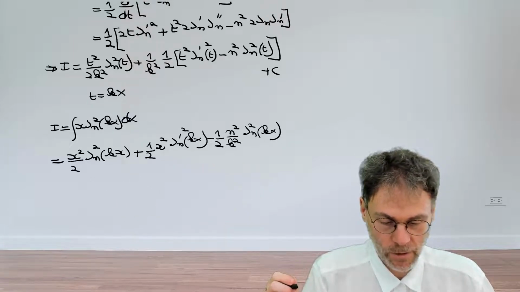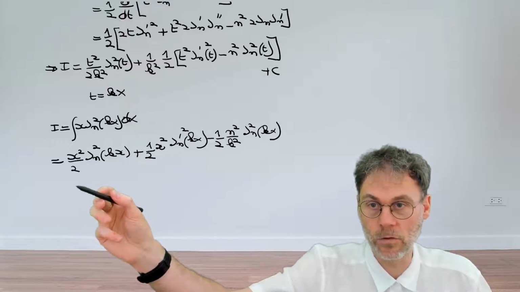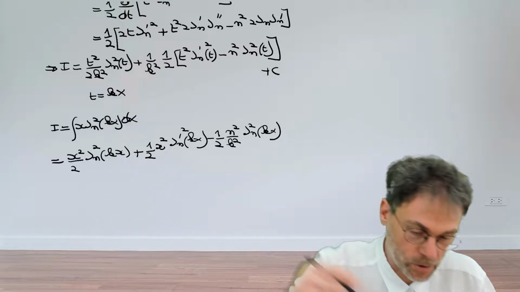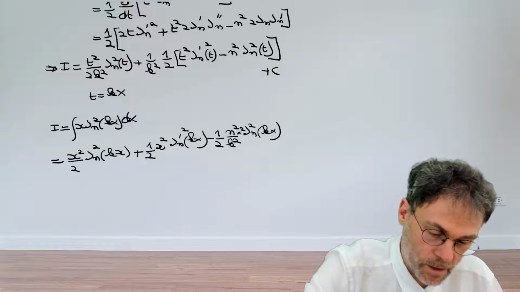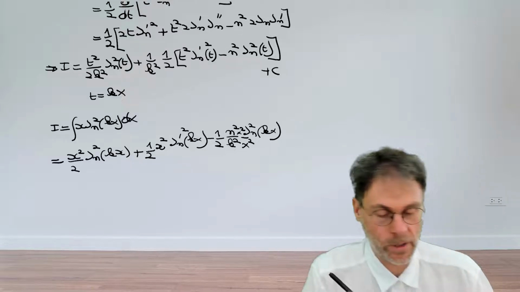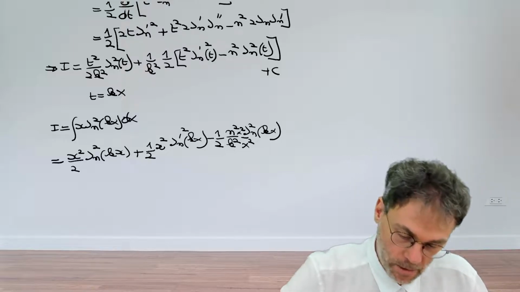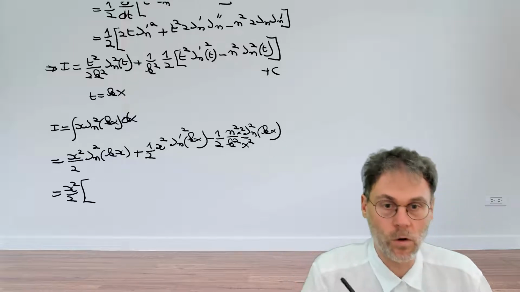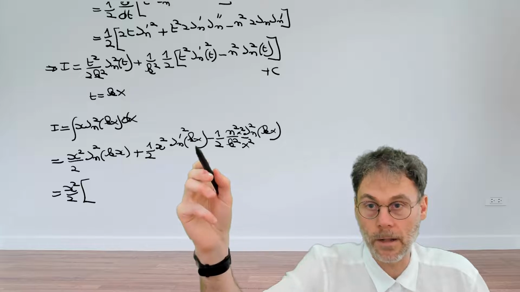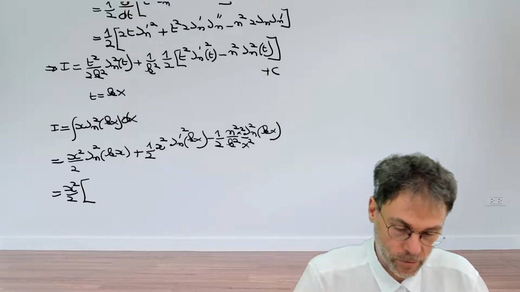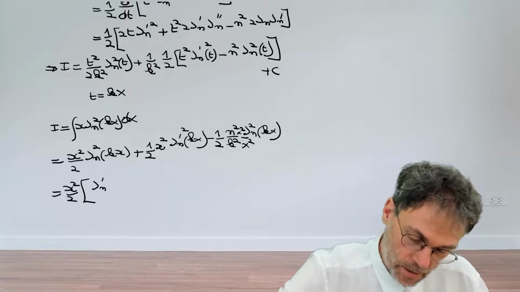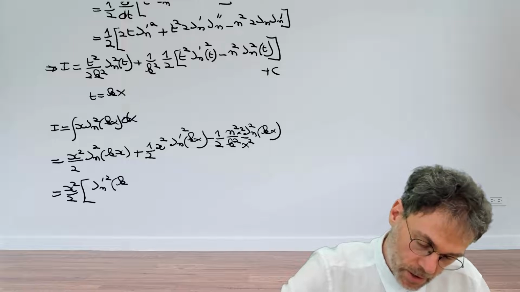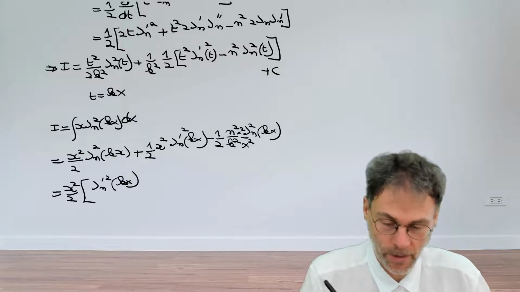Speaking of common factors, we also have x squared over 2 here and here, but not here. So let's quickly rectify that by having an extra x squared in the numerator and the denominator. And then we can factor out x squared over 2. Let's look at this term first. X squared over 2, we have jn prime squared kx. Okay.